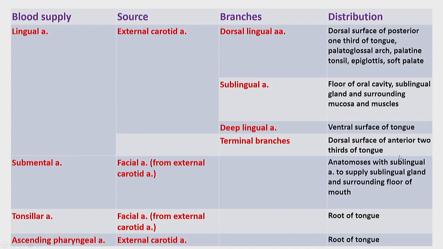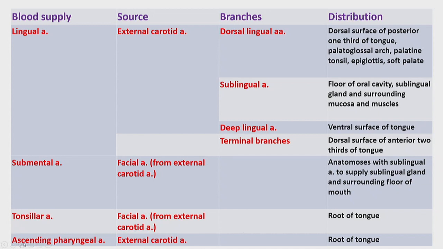And as mentioned here, it anastomoses with the sublingual artery and supplies the sublingual gland and the floor of the mouth. The other artery that we already discussed in the soft palate is the tonsillar branch of the ascending palatine artery, which is a branch of the facial artery, which is itself a branch of the external carotid artery. It is responsible for the supply of the root of the tongue, meaning the dorsal 1/3 of the tongue.